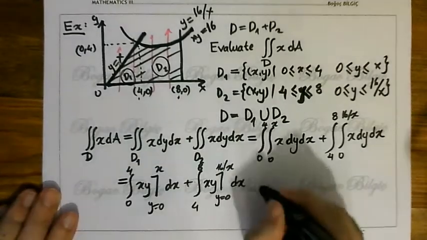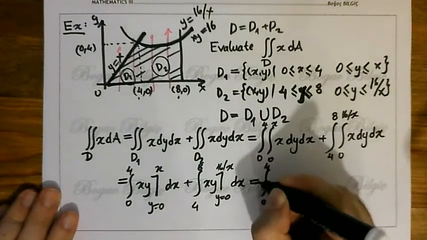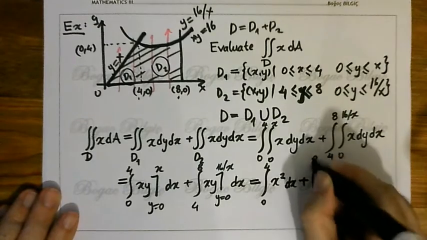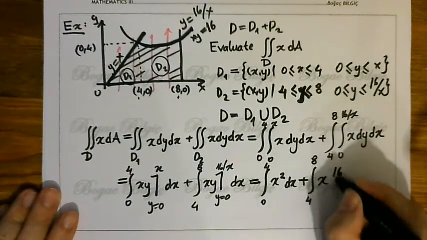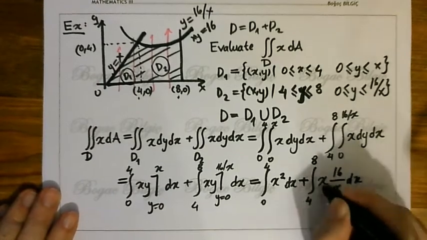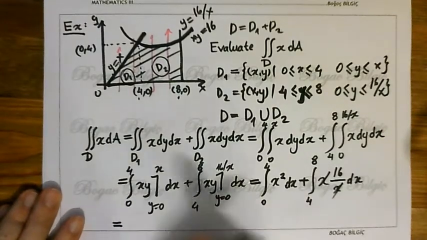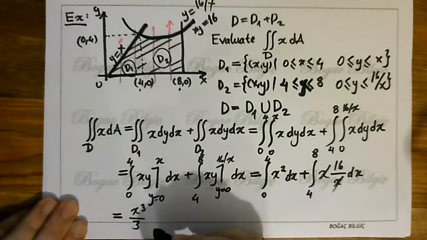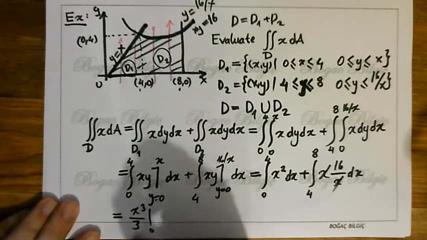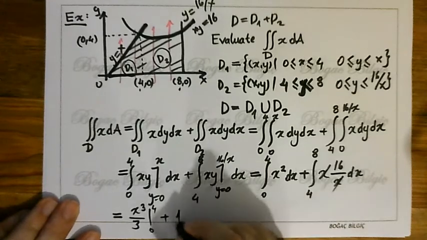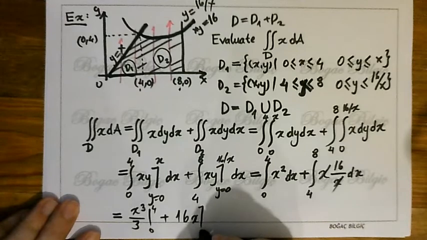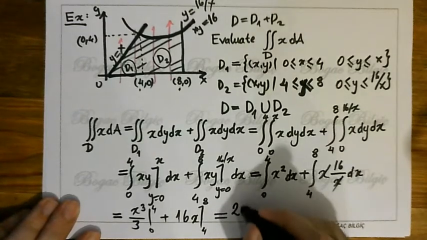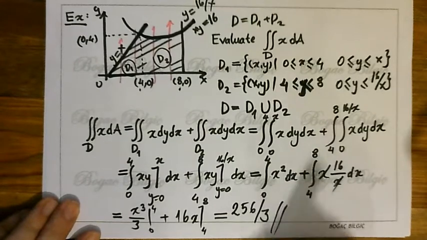Then the integral from 0 to 4 of x squared dx plus the integral from 4 to 8 of x times 16 divided by x dx, which is x cubed divided by 3 from 0 to 4 plus 16x from 4 to 8, and is equal to 256 divided by 3. This is the solution.